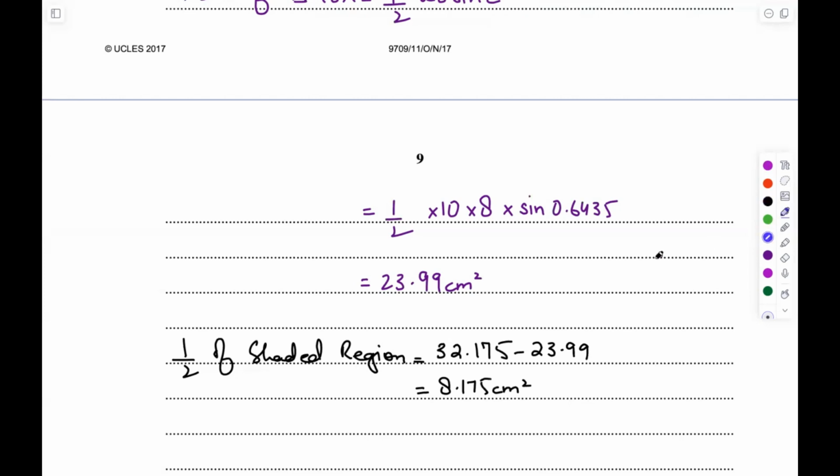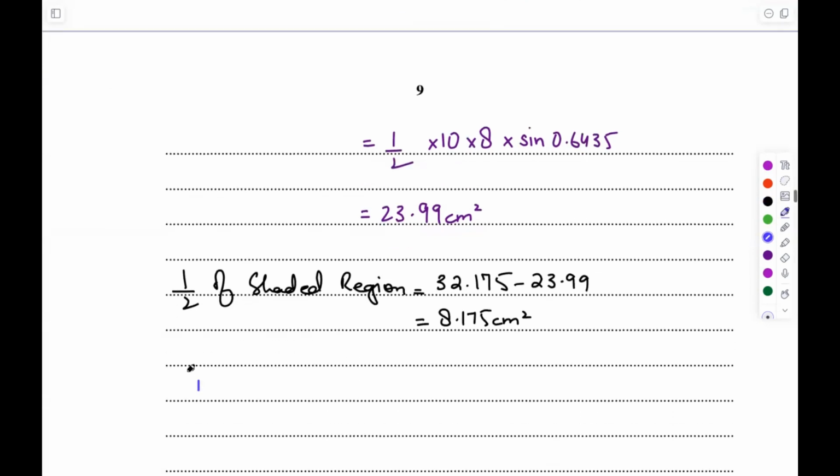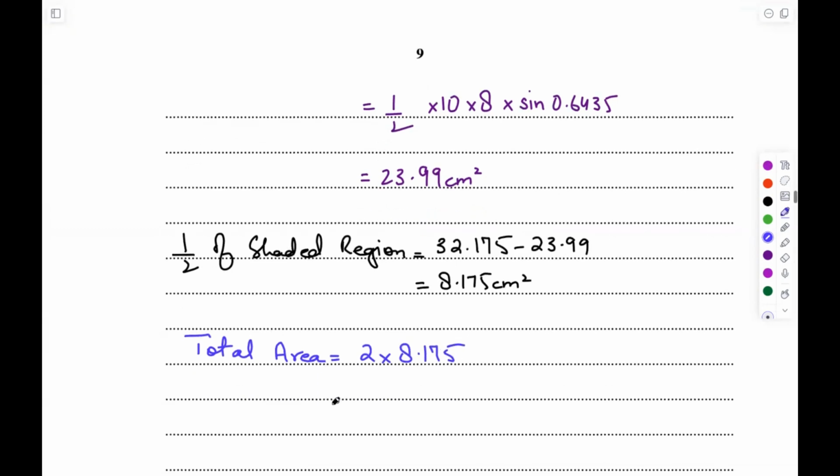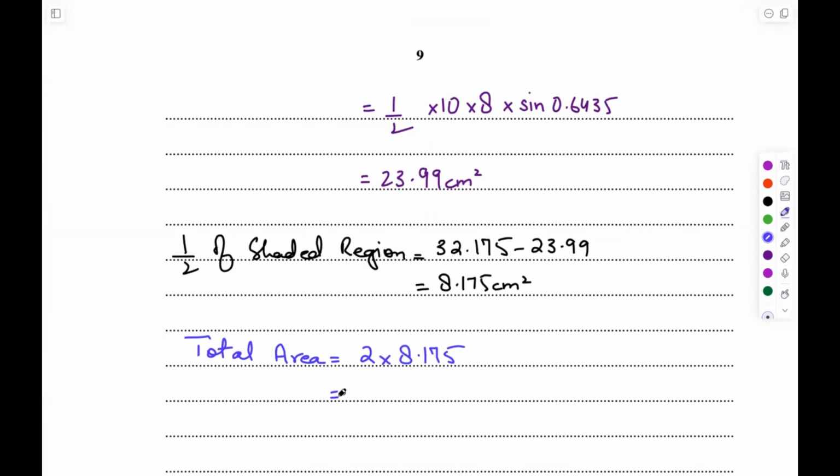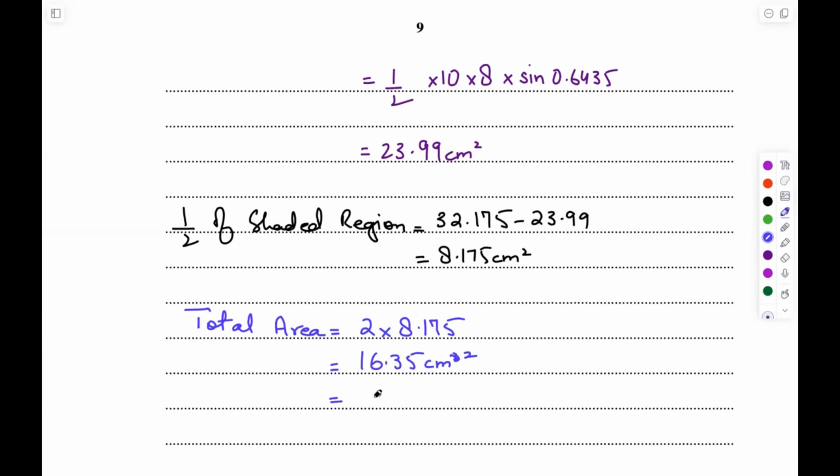So the total area for the shaded region will be equal to 2 times 8.175, which will be equal to 16.35 centimeters squared. As we have to give our answer to 3 significant figures, the final answer will be 16.4 centimeters squared.